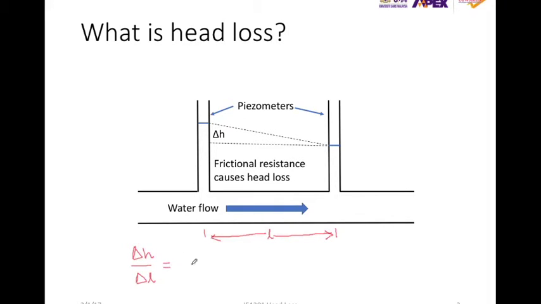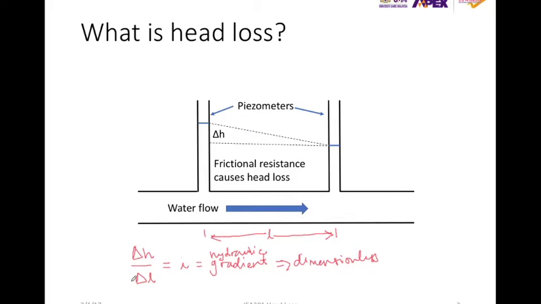And we call this ratio I, or the hydraulic gradient. This hydraulic gradient is a dimensionless value, but it indicates the magnitude of head loss with distance.